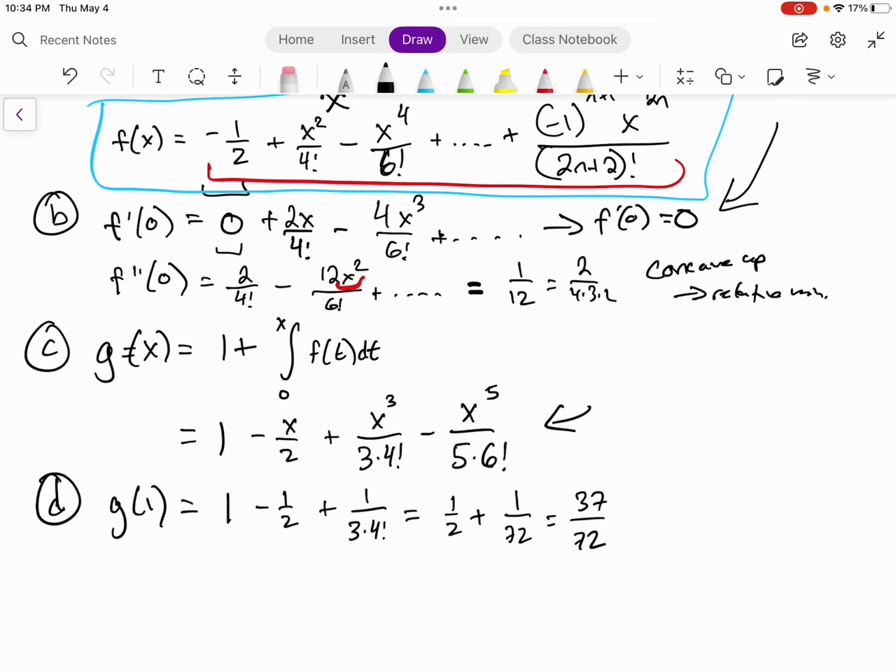And then let's talk about our error bound.